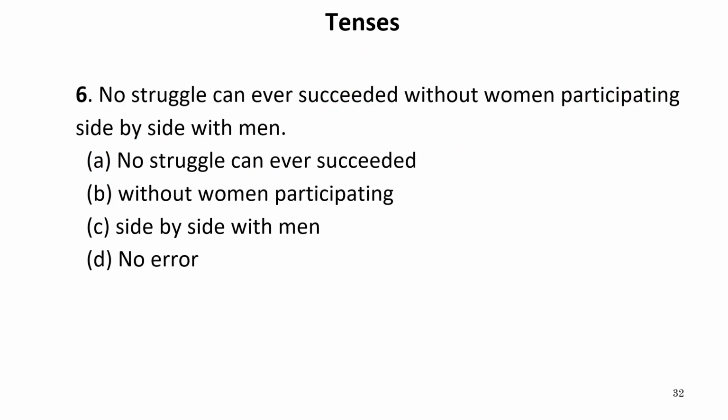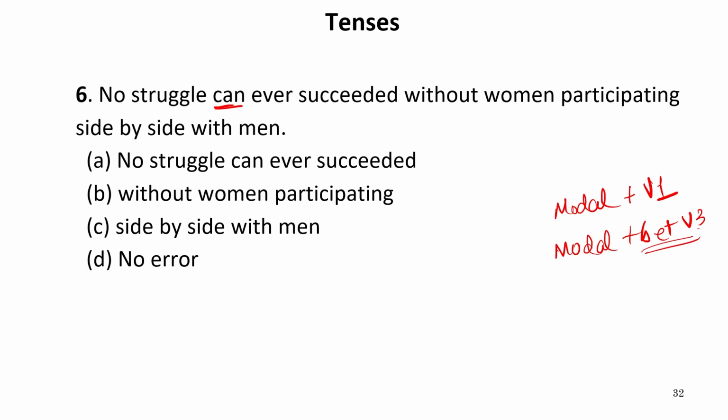Now let us move to the next question. No struggle can ever succeeded without women participating side by side with men. Now in this case, we have "can" as a modal, and after a modal we use the first form of verb only. But in the structure of modal plus be, we can have verb third form in case of passive sentences.